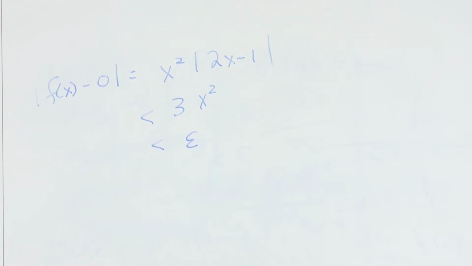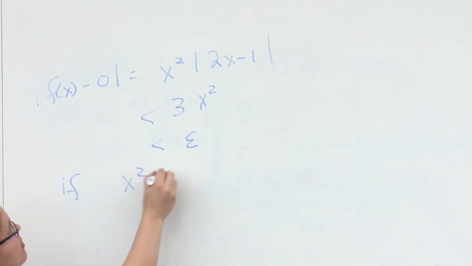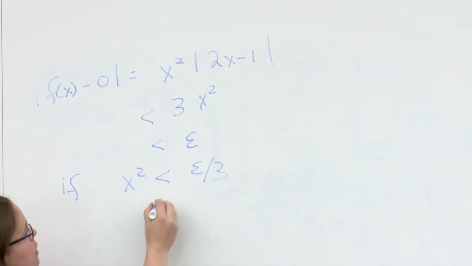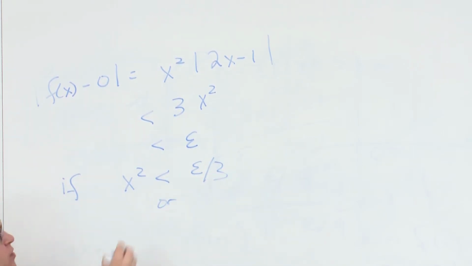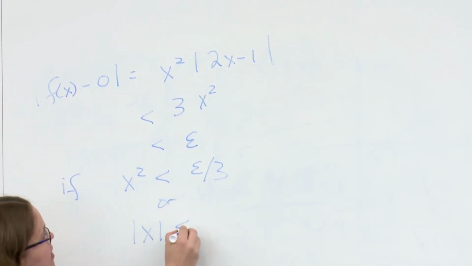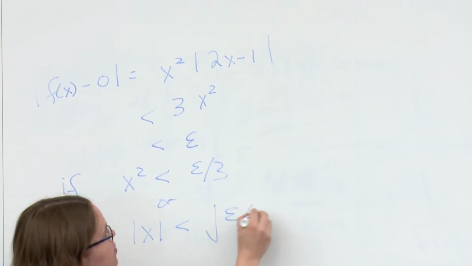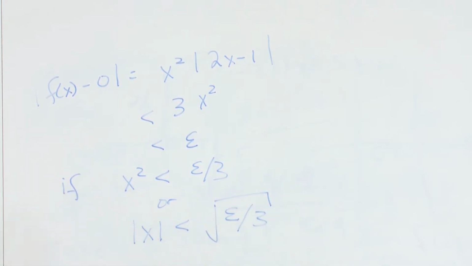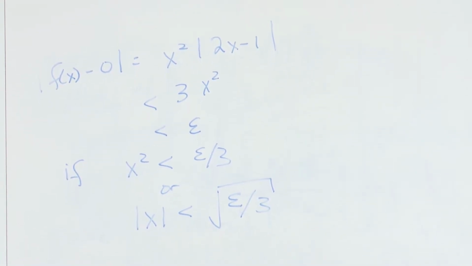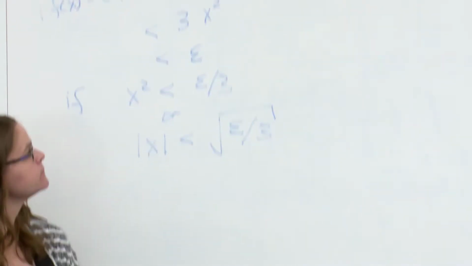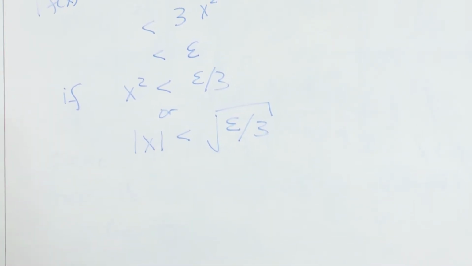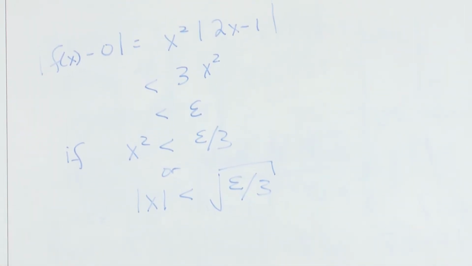Okay, and again, we can do that. This works if x squared is less than epsilon over 3, or equivalently, absolute value of x is less than the square root of epsilon over 3. Okay, so again, now we're in business to write down our delta.